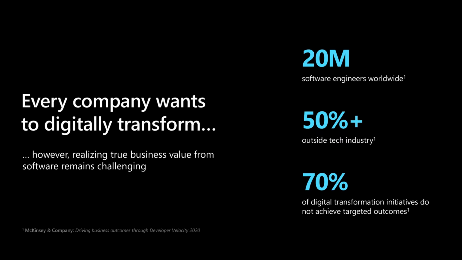When you're talking to your boss about why developer velocity comes in, it's because of stats like 70% of digital transformation projects don't hit the level that they're after. And that's a bit better than the old 80% of IT projects fail. So we're at least maybe getting a bit better at delivering tech to have value, but it is still a big challenge. There's only 20 million software engineers in the world, which really is insufficient to meet our business needs.